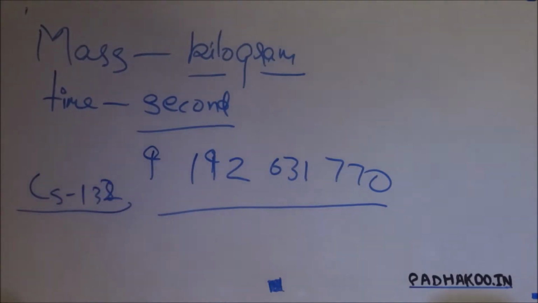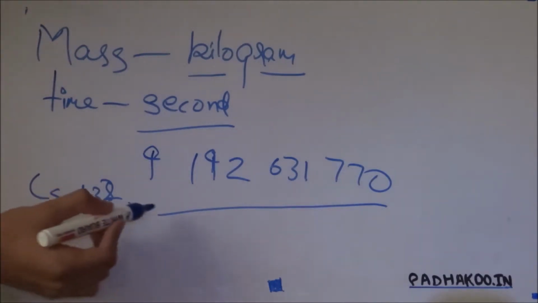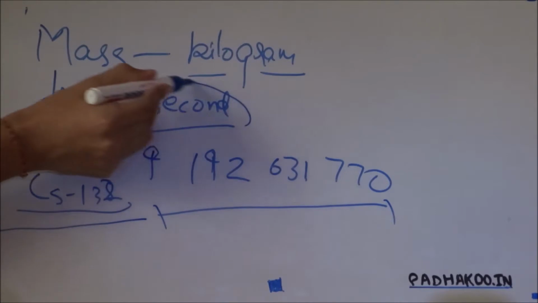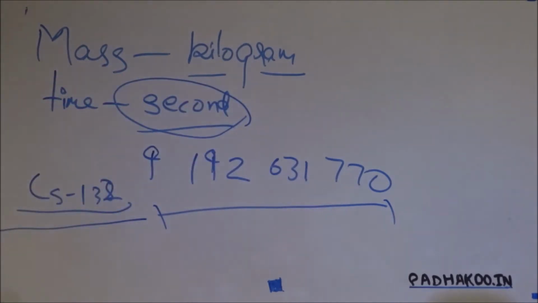There's an isotope of cesium. When cesium is in a hyperfine state at ground level, that's from a more detailed topic. We'll discuss the ground level in the next chapters. So these many radiations of cesium are done in 1 second. You can think of how fast one radiation would have been.